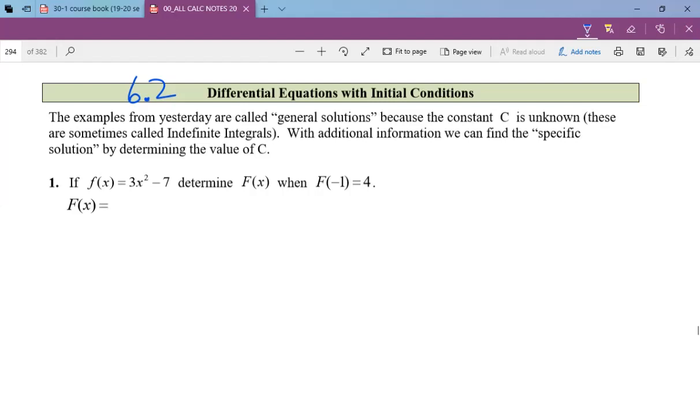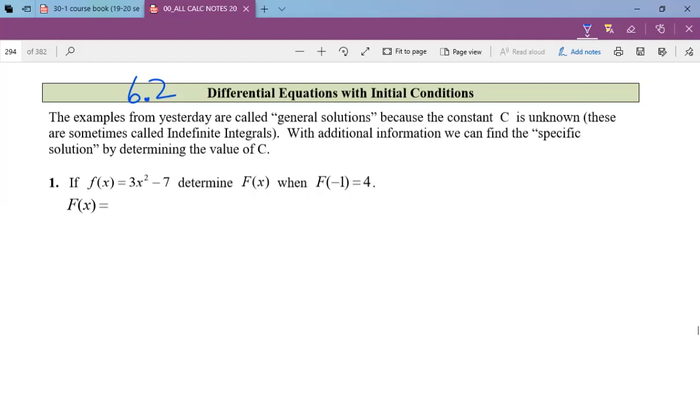So this first one says, if f of x is equal to 3x squared minus 7, determine capital F when F at -1 is 4. So we need to anti-differentiate 3x squared.